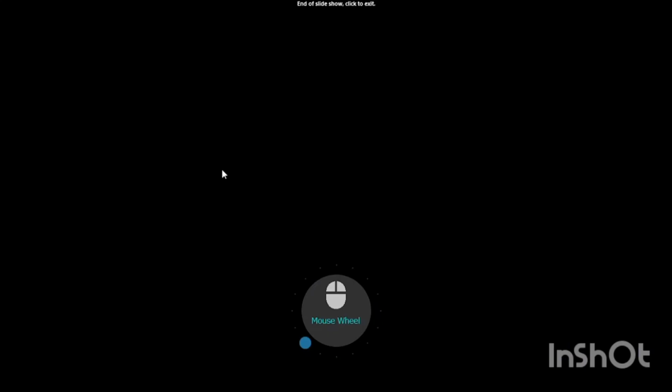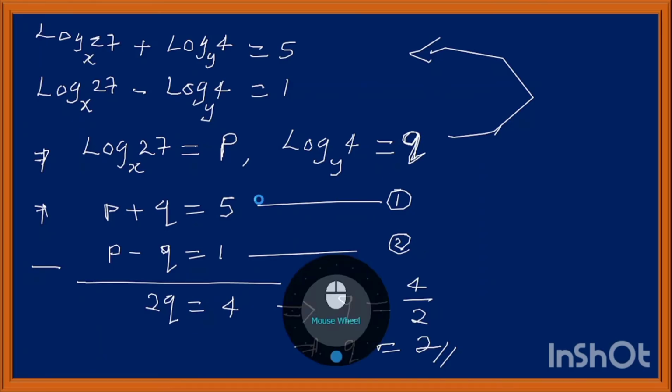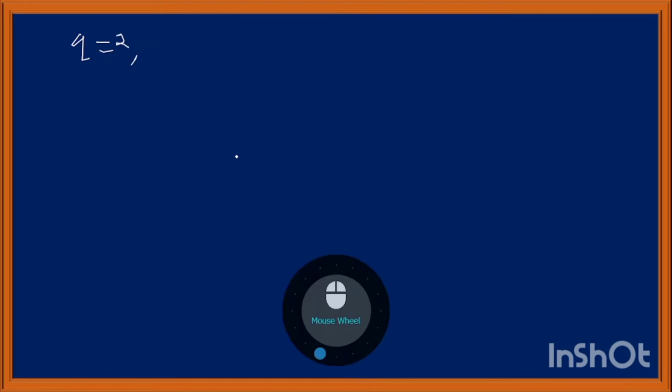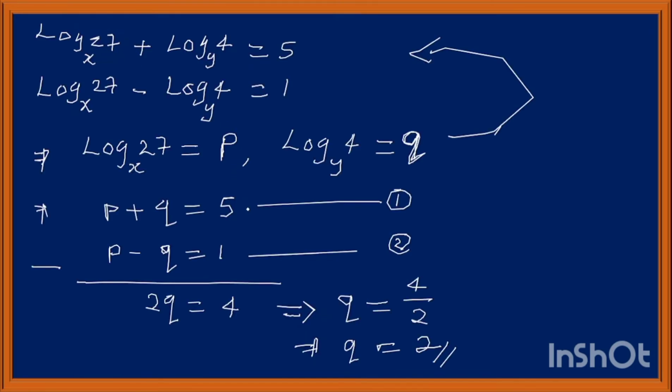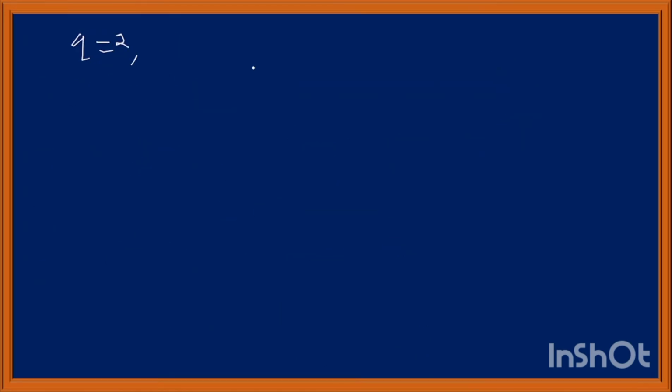So we have q is equal to 2. I'm going to substitute q equals 2 into p plus q is equal to 5, to solve for p.